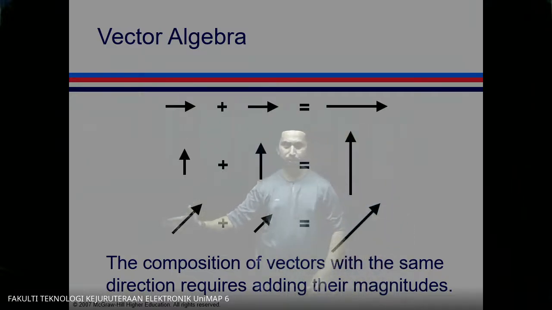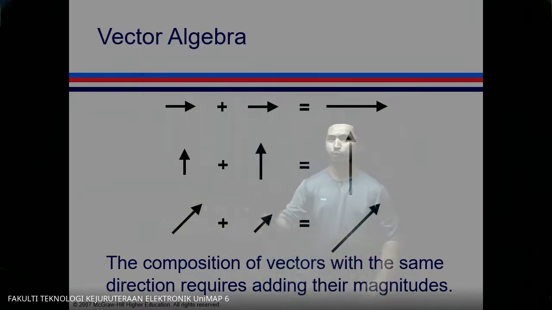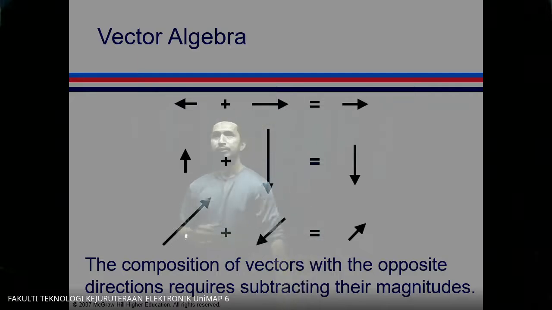So if we add the vectors, the length will be increasing. Same here, this is small, this is much bigger. When you add these two vectors, you'll get the small one.